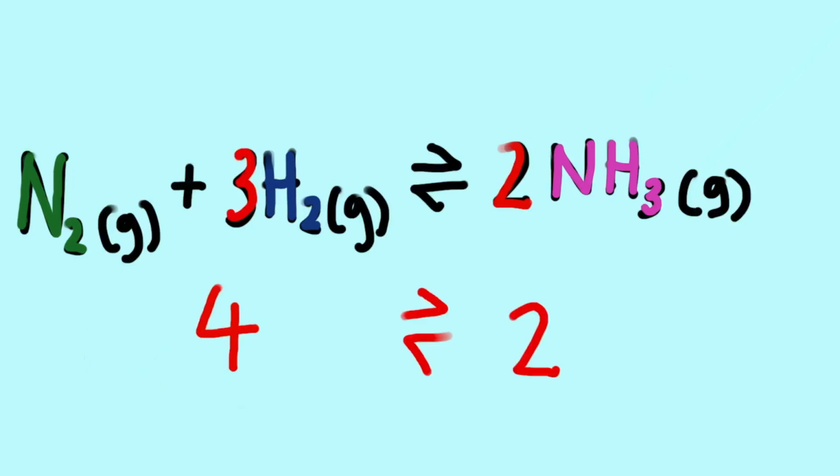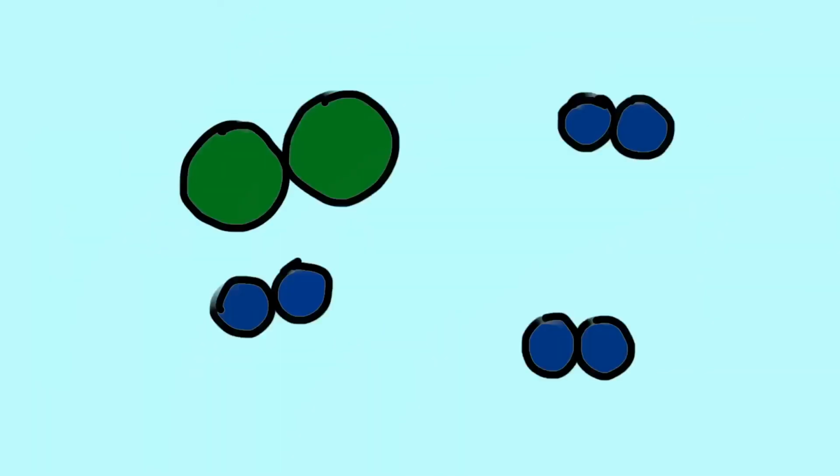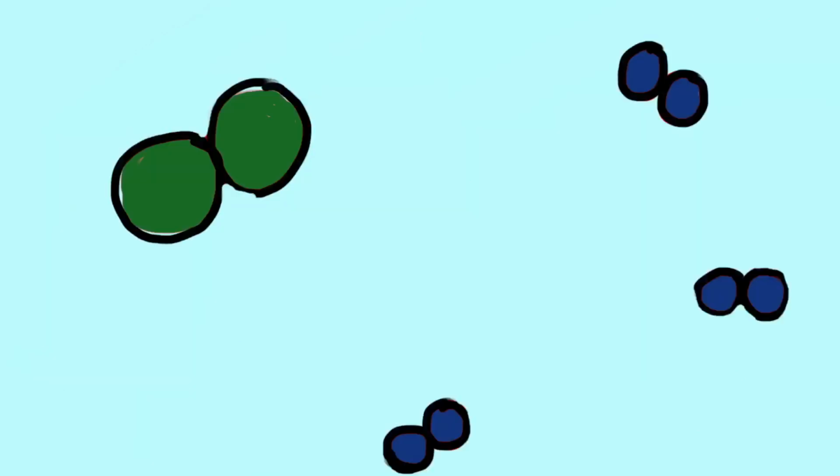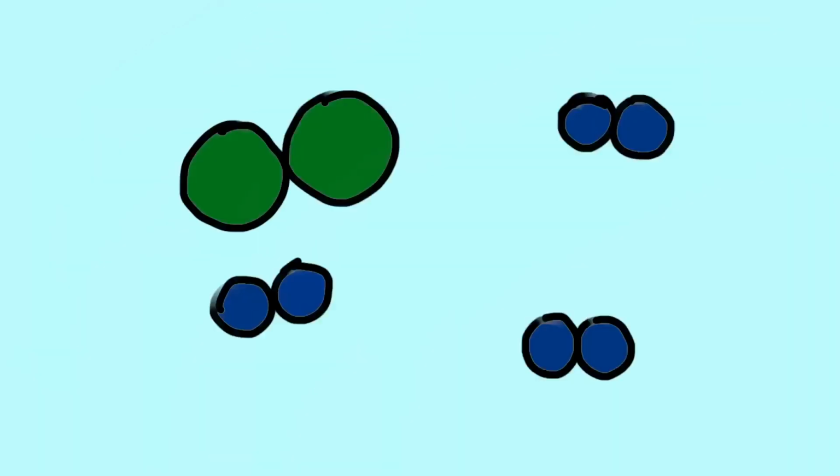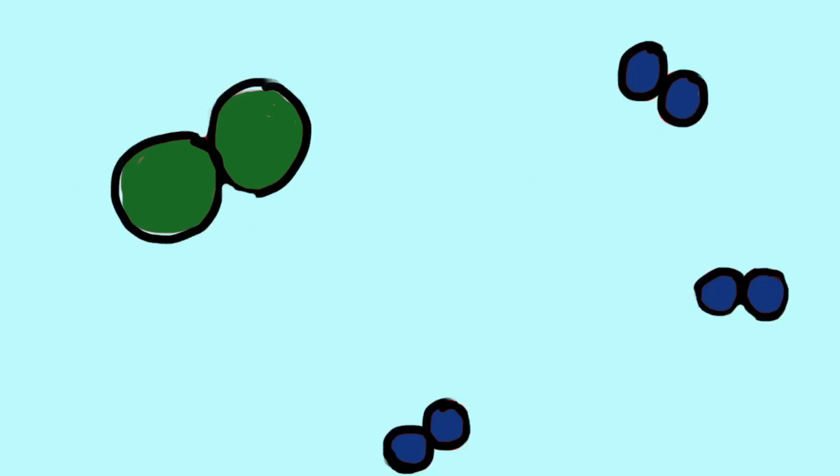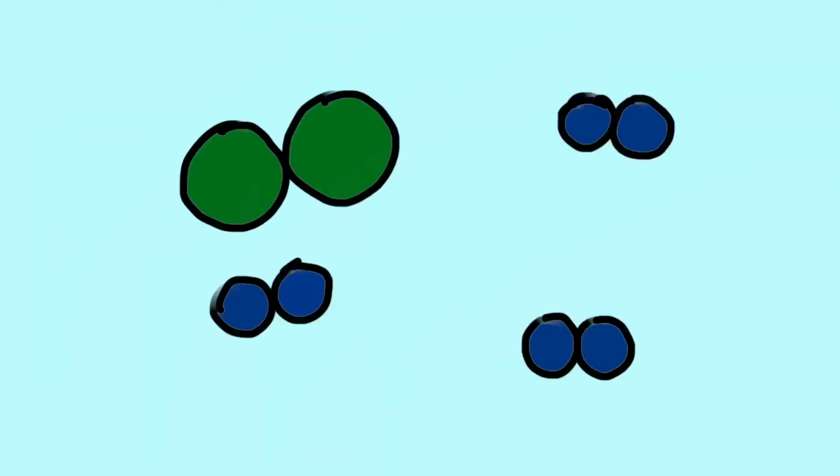So where will the position of equilibrium shift? The position of equilibrium will not shift to the left because there are 4 molecules, more molecules being produced when more reactants are being produced. And so if the position of equilibrium were to shift here, that wouldn't decrease the overall pressure.